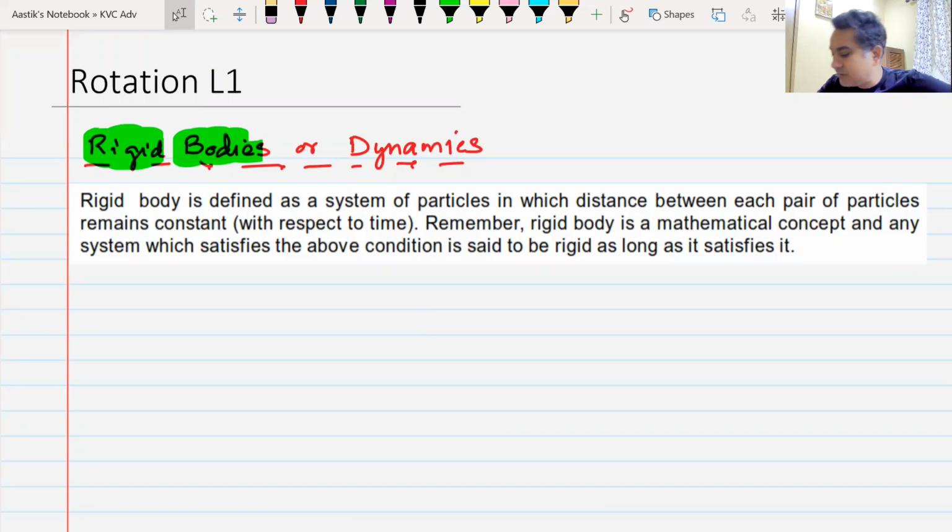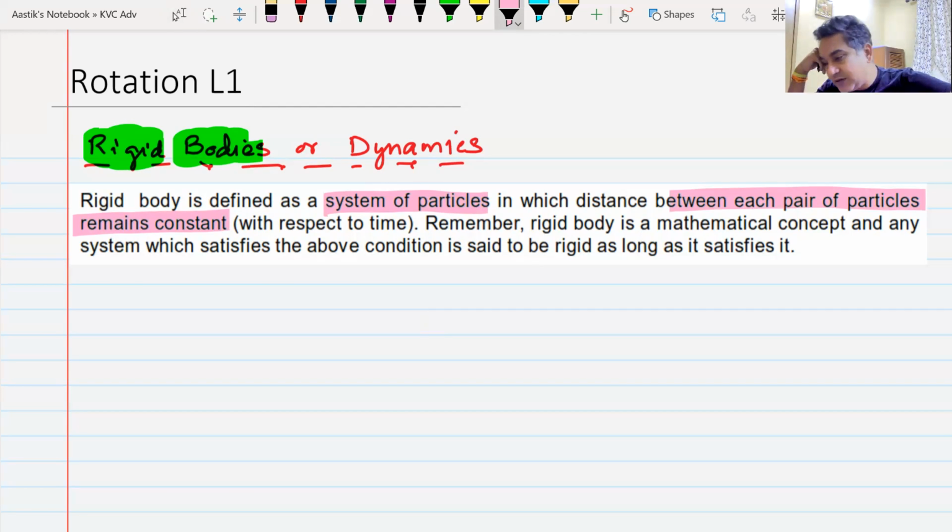The most correct way of defining a rigid body is like this. It is defined as a system of particles. It may not be a body. You must understand, it may not be a body. It may be a system of particles in which the distance between any two pair of particles remains constant.